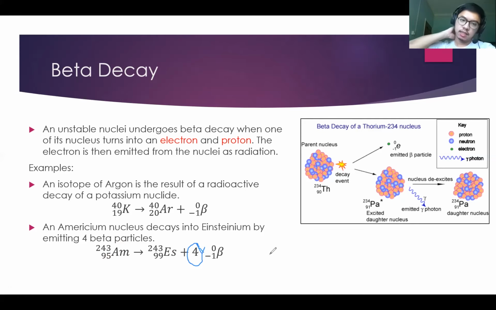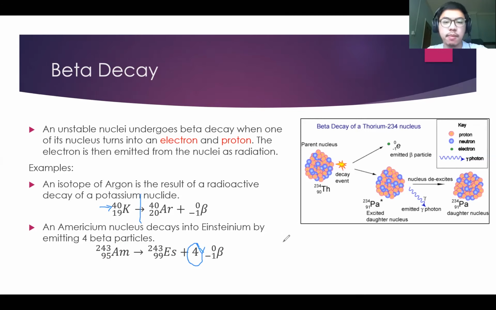And similarly to alpha particles, the numbers on the left side of the equation and on the right side of the equation should balance out with each other. So let's take this one as an example. Let's take the numbers at the top, in other words the mass number, otherwise known as the nucleon number.